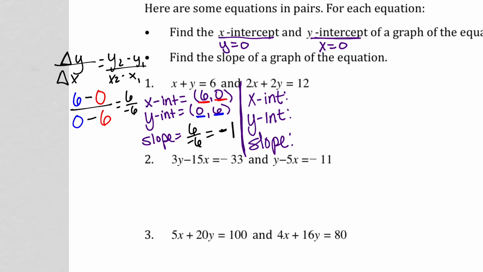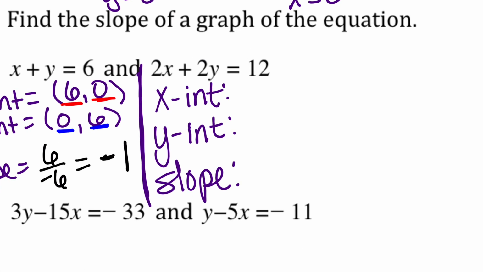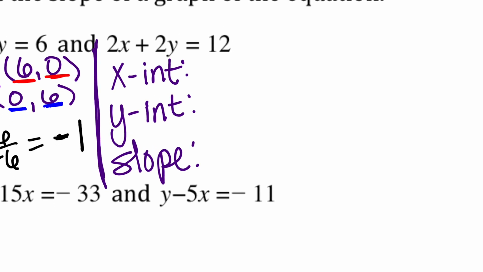So for the x-intercept, let me zoom in right here. So we're going to say 2x plus 2 times 0 equals 12. What's 2 times 0? 0. Okay, so we get 2x equals 12.